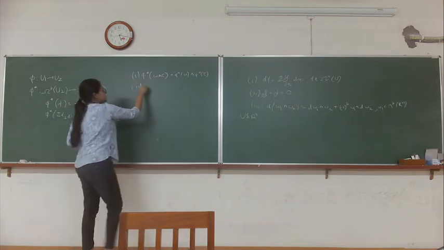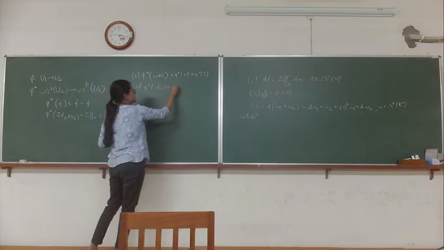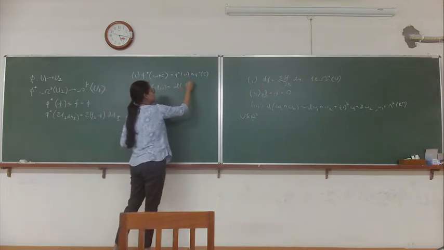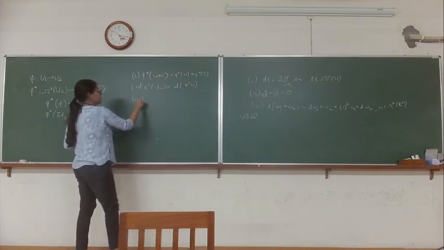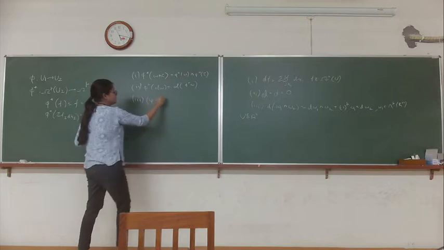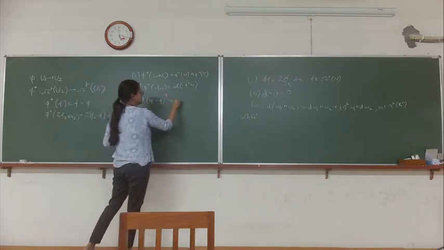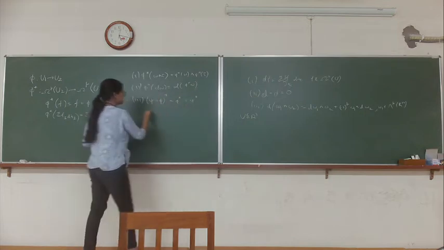Second is phi star of d omega is d phi star omega. Third is (psi composed with phi) star is phi star composed with psi star.